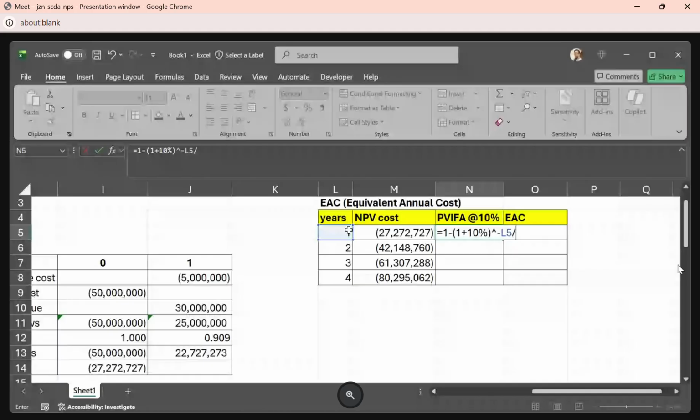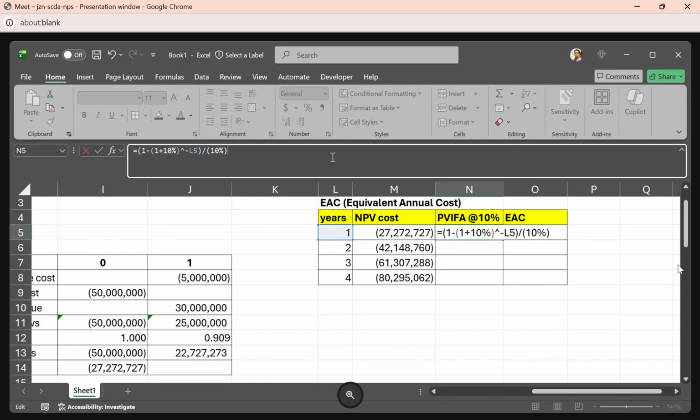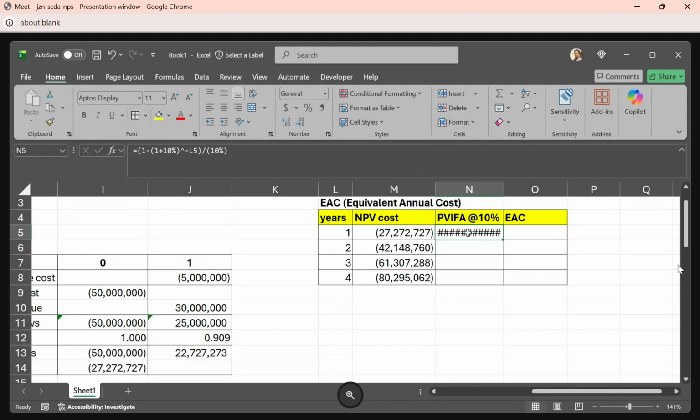Remember our r is 10%. That's what we'll be doing. So let me put this one to avoid confusion in calculation. Divided by 10%. This is our answer for the first year, this is for the second, the third, and the fourth.